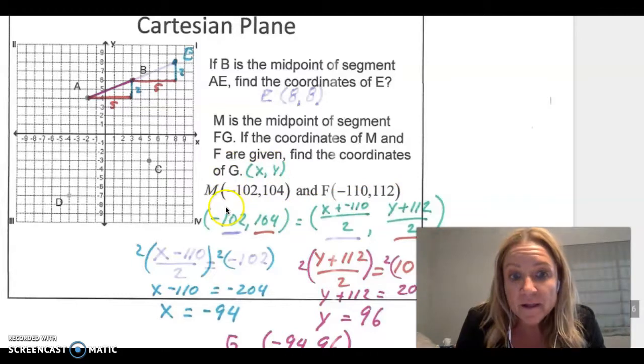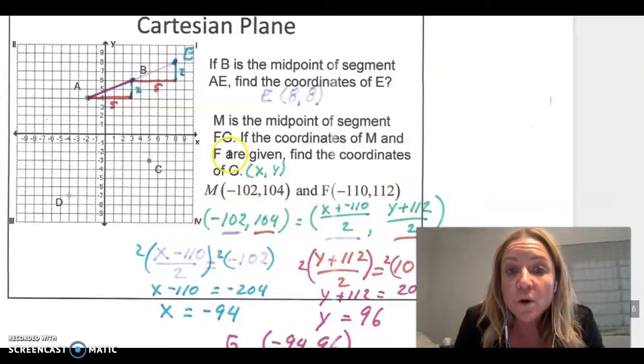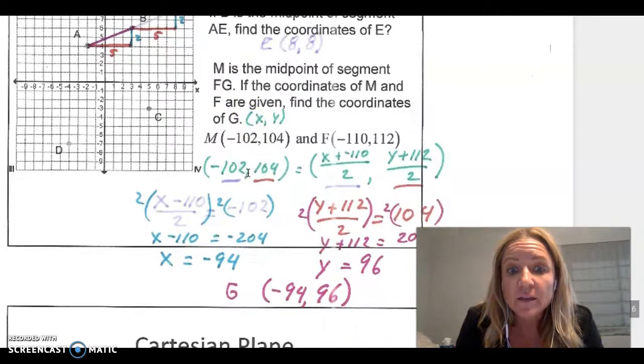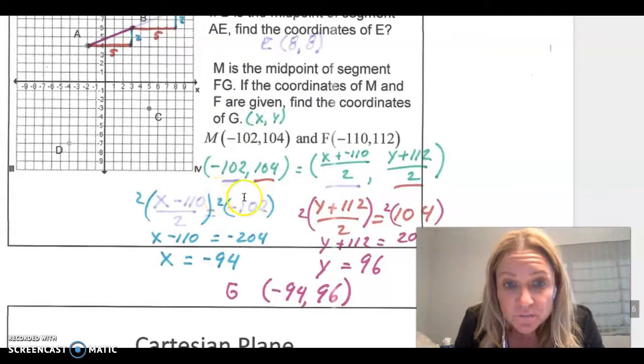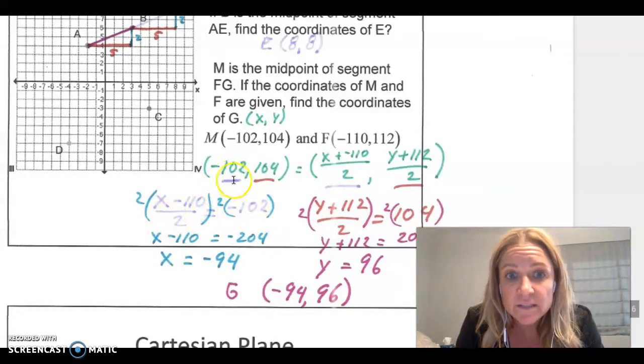If M is at -102, 104, and F is here, what do we need to get? Find G. Okay, so this is the endpoint.